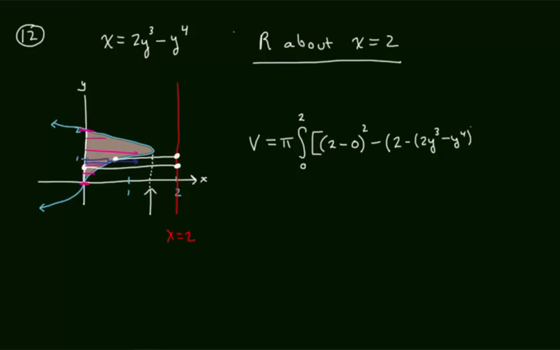Close off the radius, square the radius, and our thickness dy. Finding the answer on the calculator, you should get 1376 pi over 315. If you get the decimal equivalent, 13.723.